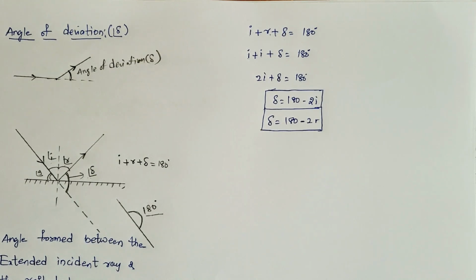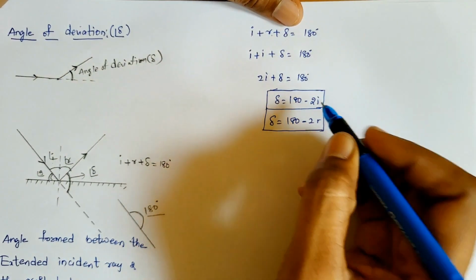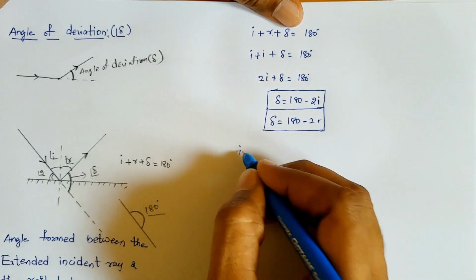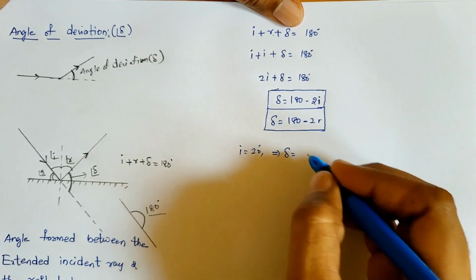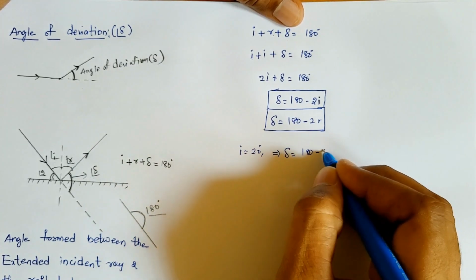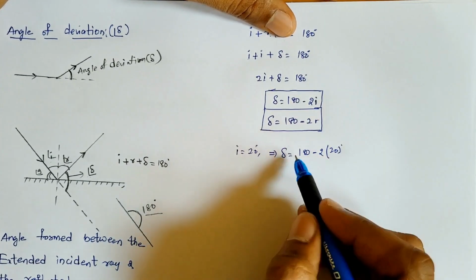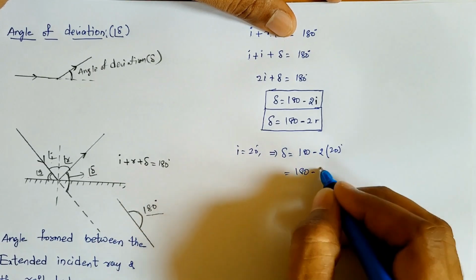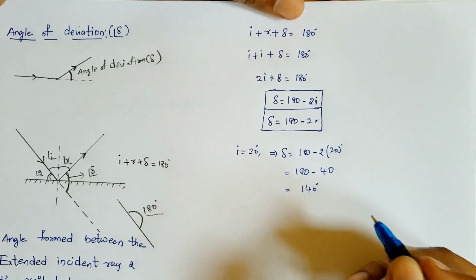Now, how will this angle of deviation vary with respect to angle of incidence? Imagine that I is equal to 20 degrees. Then the angle of deviation is 180 minus 2 into 20, which is 180 minus 40, so 140 degrees.